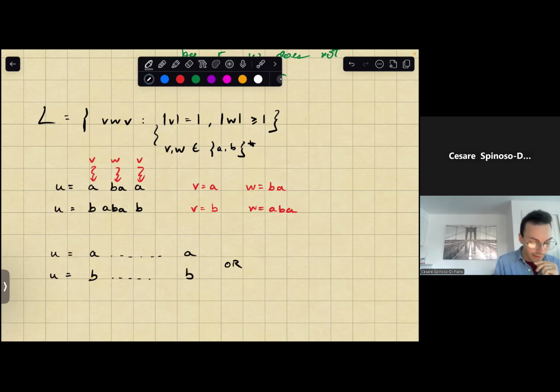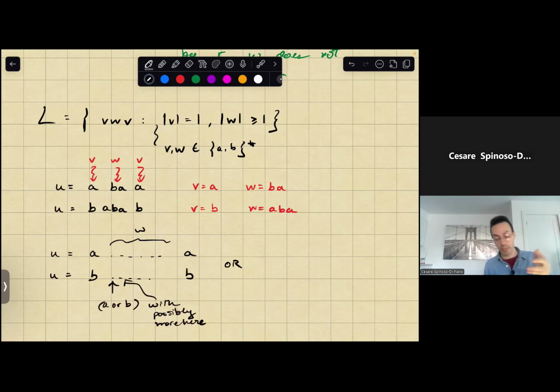And in the middle, the string W has to have size at least 1, so it has to have at least one A or B, and then it can possibly have more of the same pattern right next to it, so extra A's or B's.